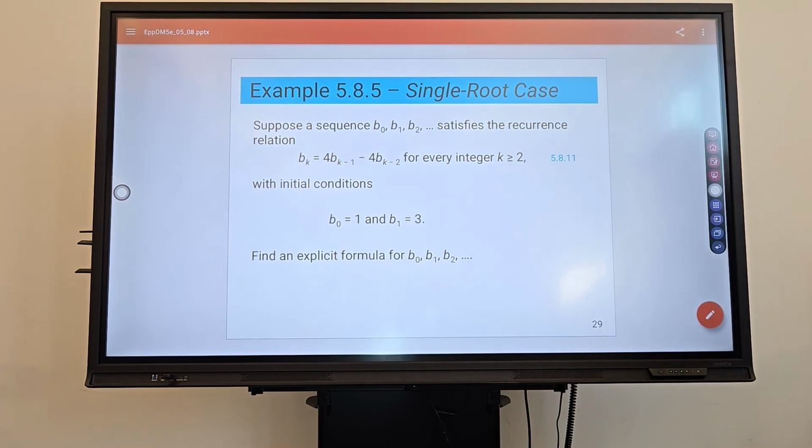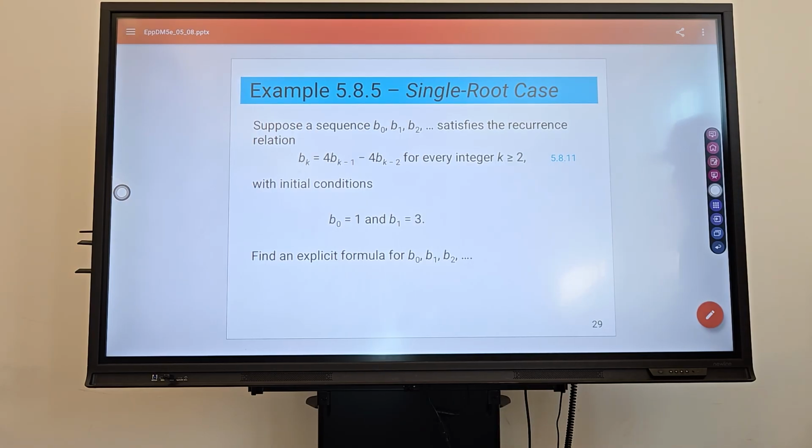So suppose a sequence B satisfies the recurrence relation here for every integer k greater than or equal to 2, with initial conditions b sub 0 equals 1 and b sub 1 equals 3.